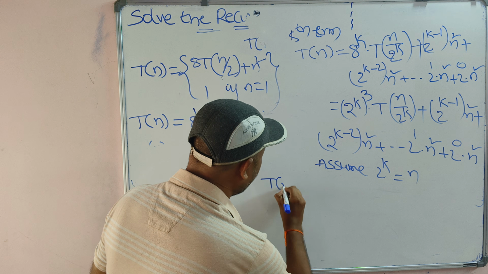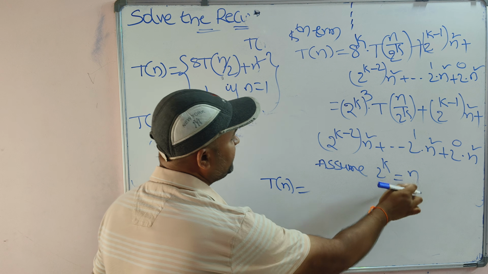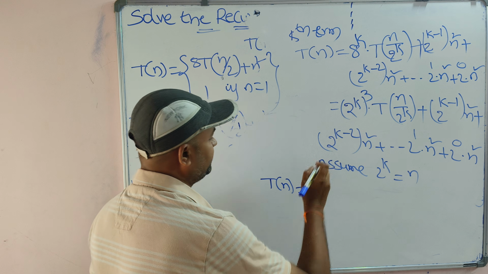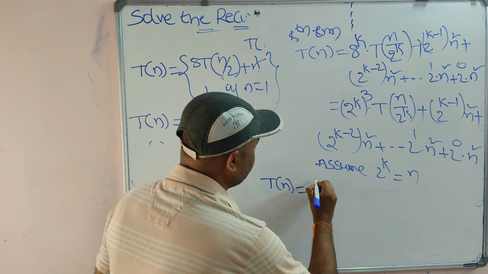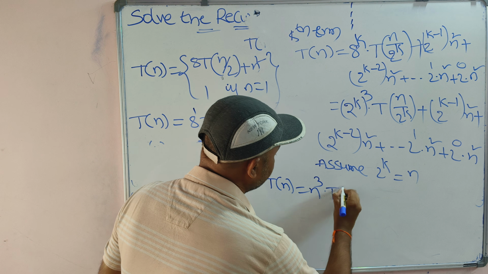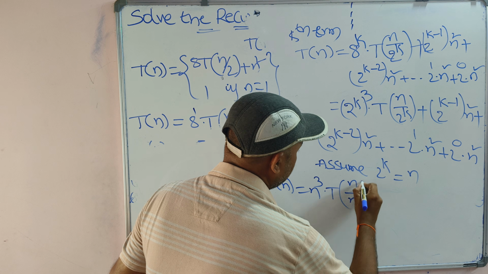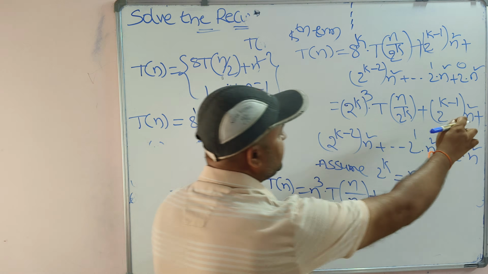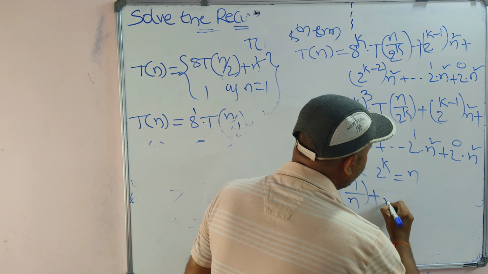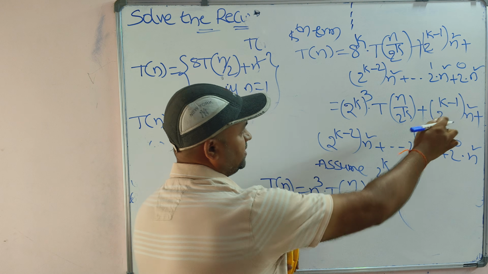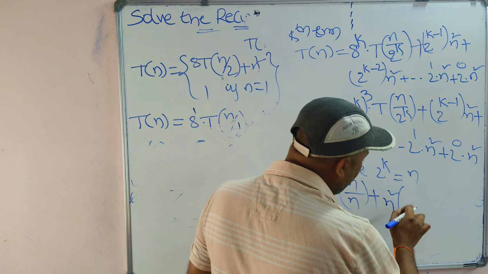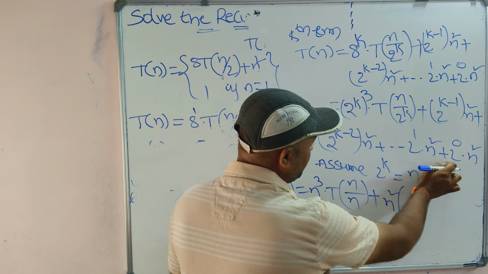So then T of n equal to, what is 2 power k? Let us substitute n value here. In place of 2 power k, substitute n. N cube into T of n by, what is 2 power k? N plus, if you see these terms, n square is common in all the terms. So now let us write the series from the last term onwards.